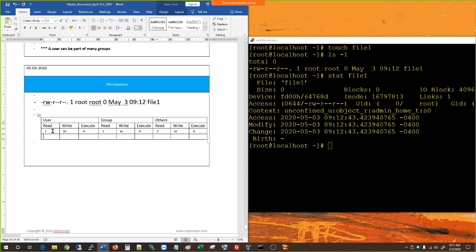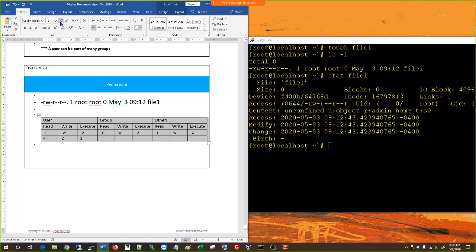And then so we have letters assigned, right? Read stands for R, write stands for W, execute stands for X, and they also have numbers assigned. For read, the default number is 4, for write the default number is 2, and for execute the default number is 1. So let me just increase the size here.